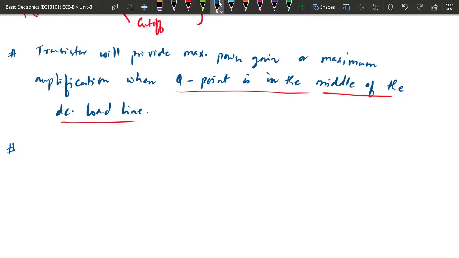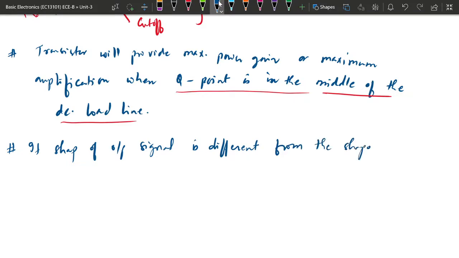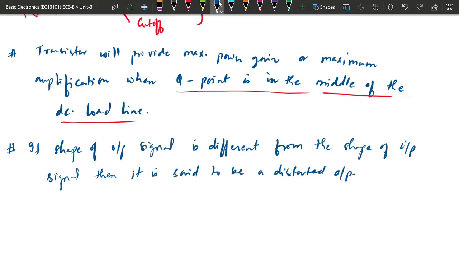Also we can note that if the shape of the output signal is different from the shape of the input signal, then it is said to be a distorted output.